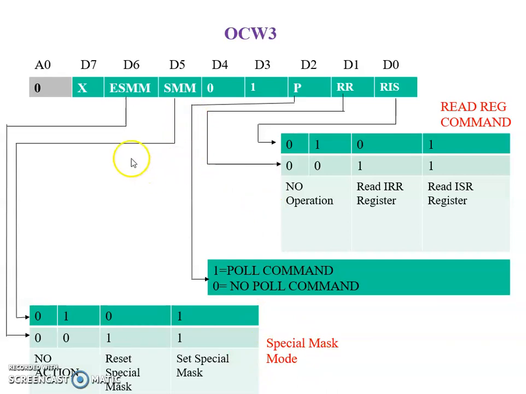So if SMM and ESMM bits are both 1 1, we are setting special mask mode. And if SMM is 0 and ESMM is 1, it means we are resetting special mask mode. If both bits are 0 0 or 0 1, then no operation.